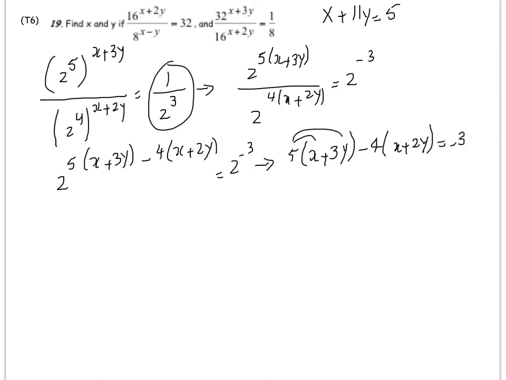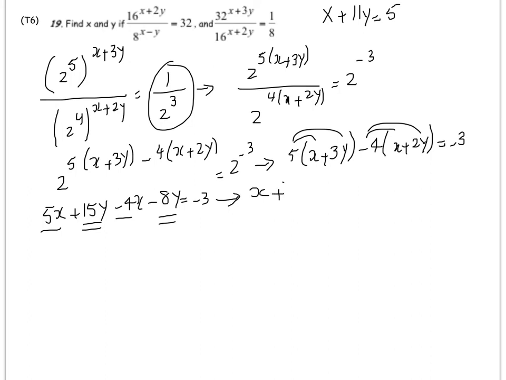Now I'm going to distribute 5 and negative 4 inside the brackets and simplify. I get 5x plus 15y minus 4x minus 8y is equal to negative 3. 5x and negative 4x gives me x. 15y and negative 8y gives me 7y, equal to negative 3.